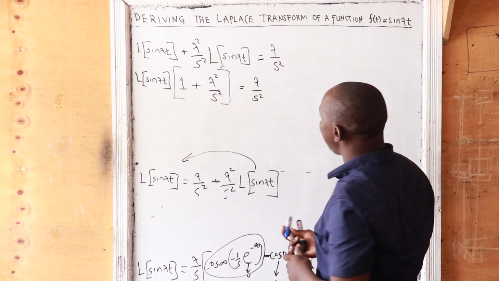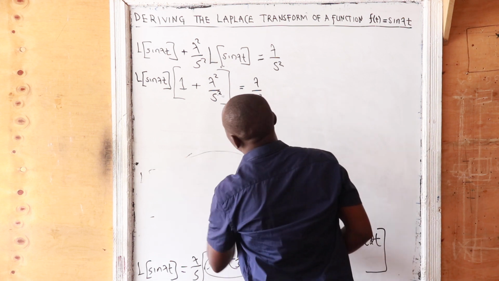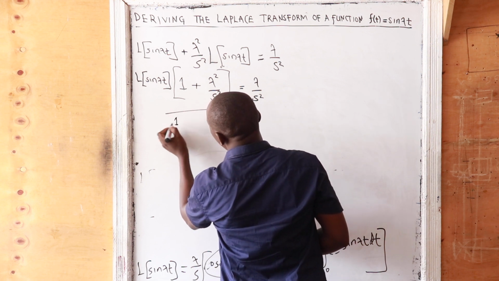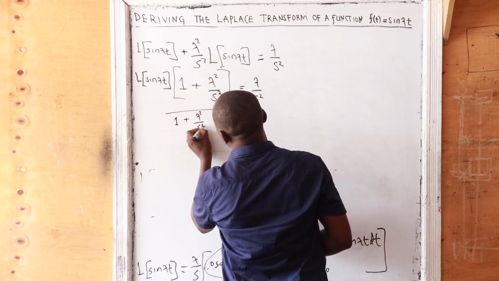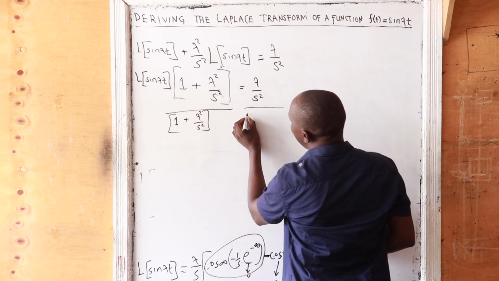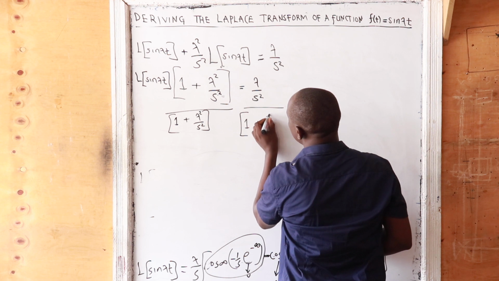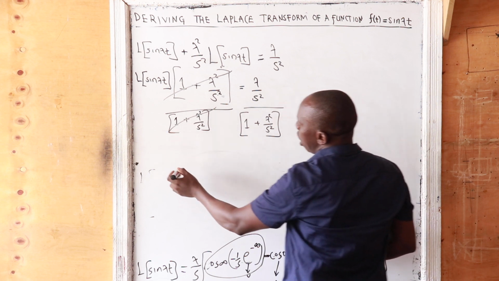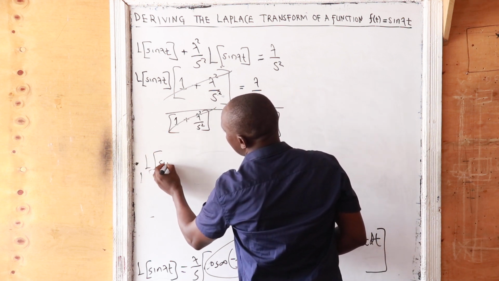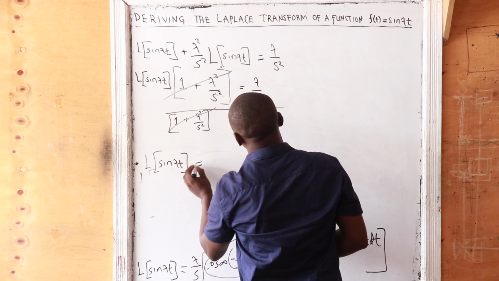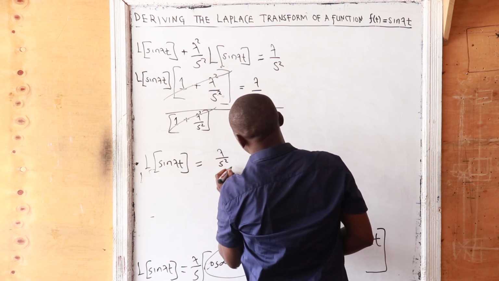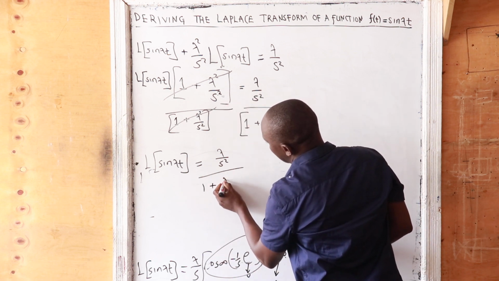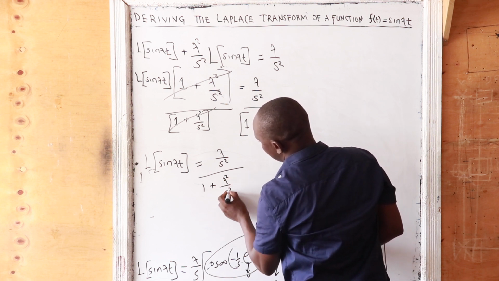Now let's divide both sides by 1 plus lambda squared over s squared. This goes with this. We remain with the Laplace transform of sine lambda t equal to lambda over s squared all over 1 plus lambda squared over s squared.